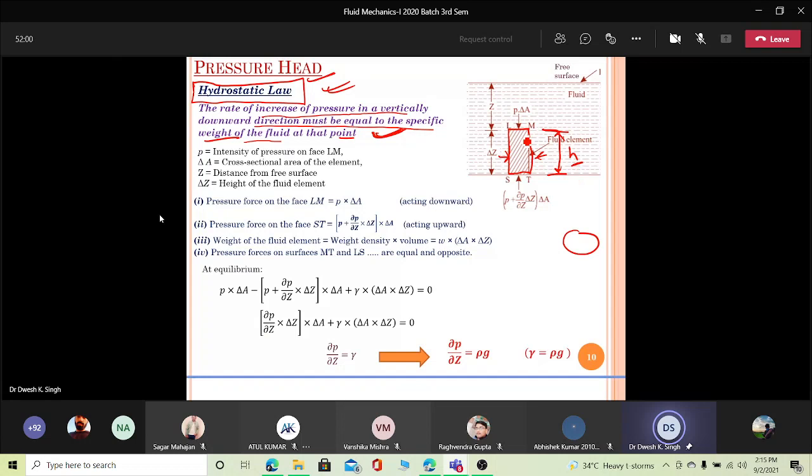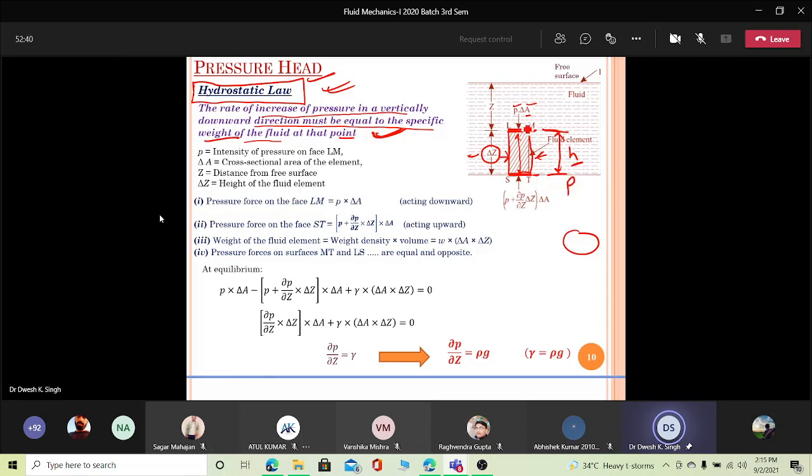So that's the first point. At this face LM, the pressure will act like P into del A, where del A is our cross-sectional area. On the other opposite surface, ST, the difference in height between these two surfaces is, in this case, del Z, not h. So you need to consider del Z. Now the pressure here is P into del A, and up to this point the pressure may vary.